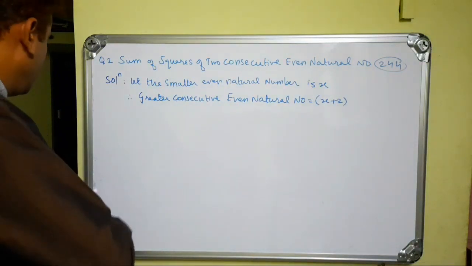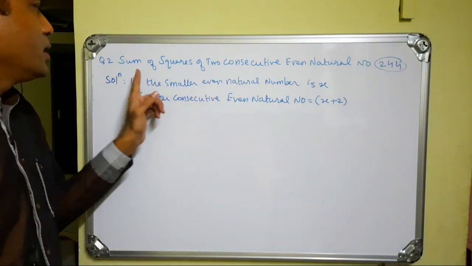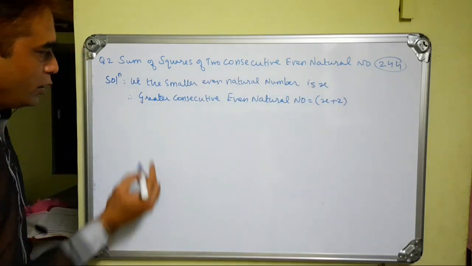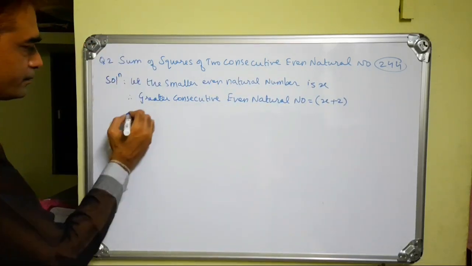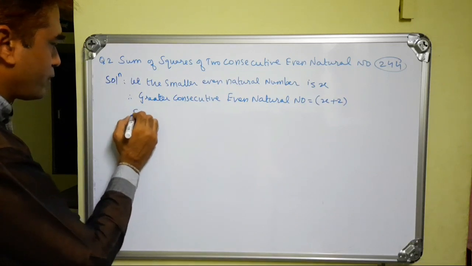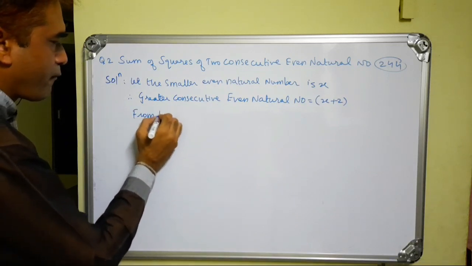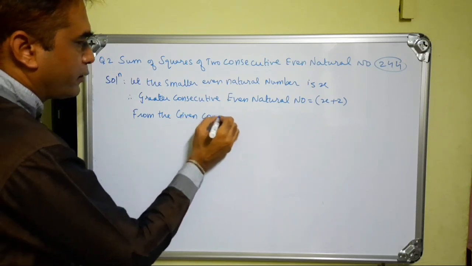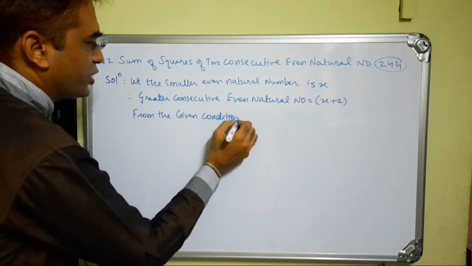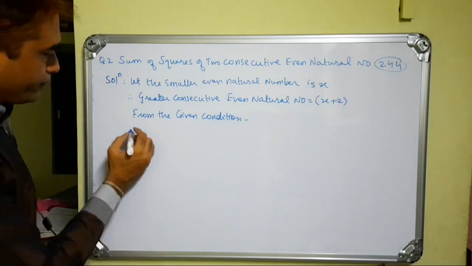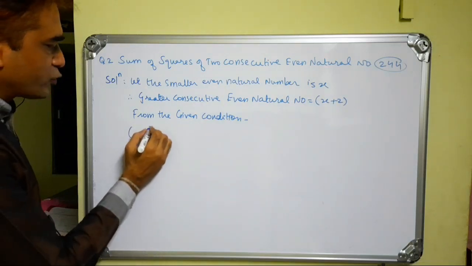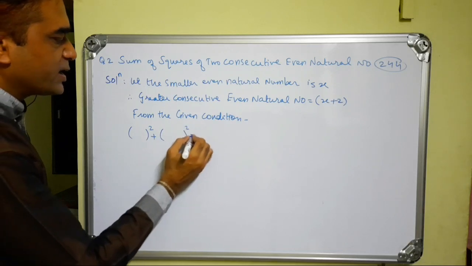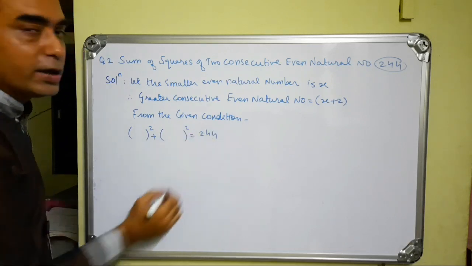Now the sum of squares is 244. From the given condition, sum of squares, so first number square plus second number square is 244.